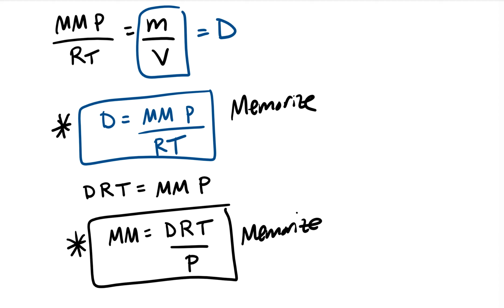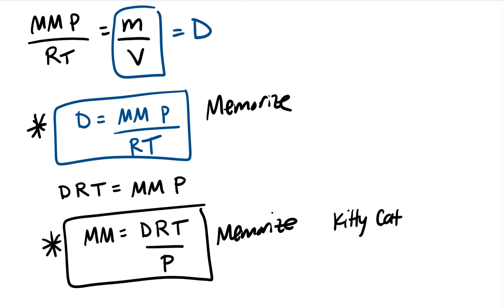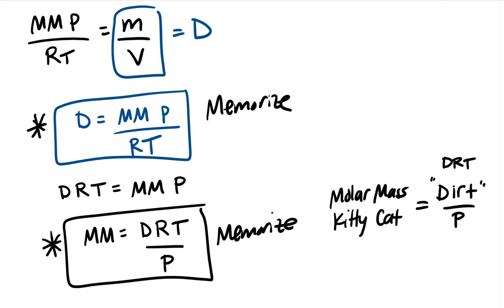So we've learned this little mnemonic device to help you remember that molar mass is equal to dirt over P. They often say kitty cat: molar mass kitty cat is equal to dirt over P. Dirt really being DRT.